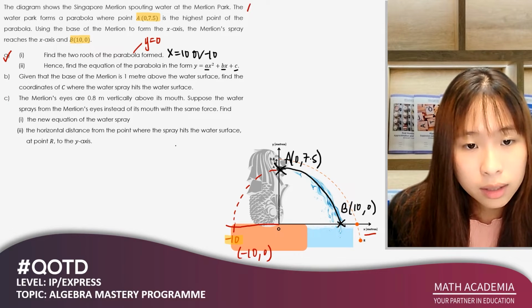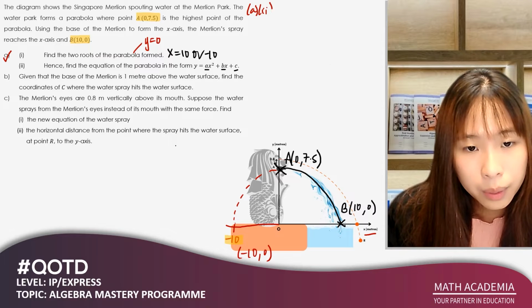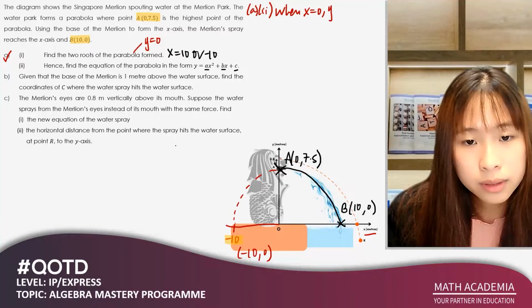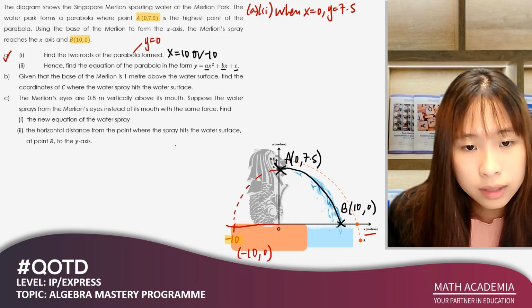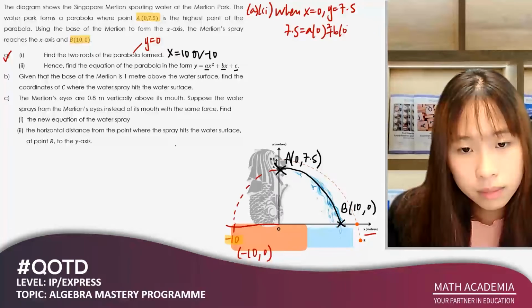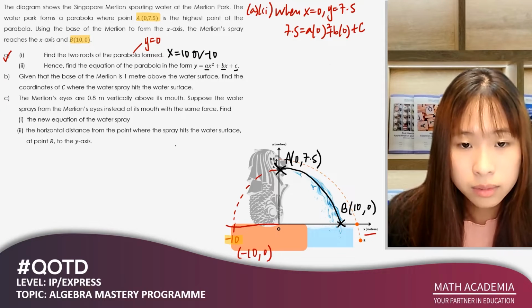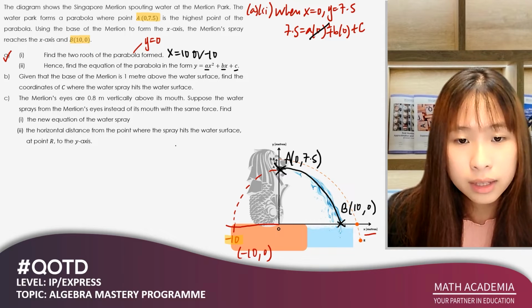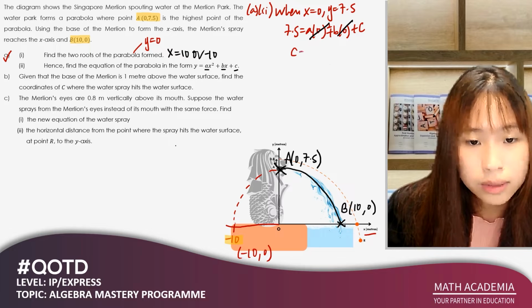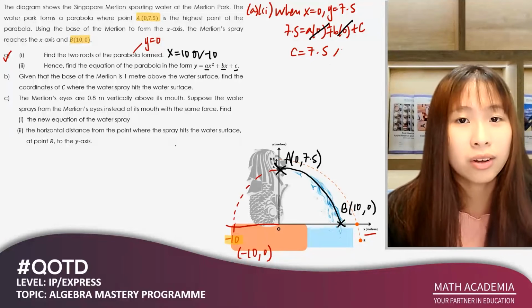So part A, part 2. When x equals 0, y equals 7.5. Subbing that in, a times 0 squared is 0, b times 0 is also 0. We are left with c equals 7.5, and we have found our first unknown.